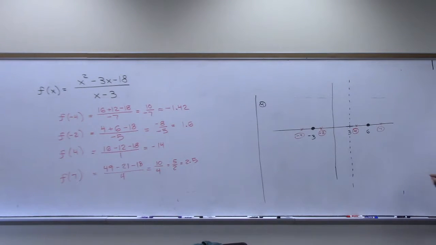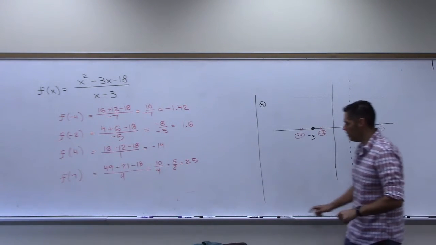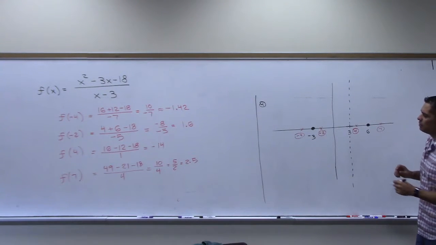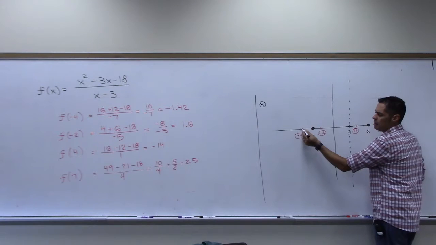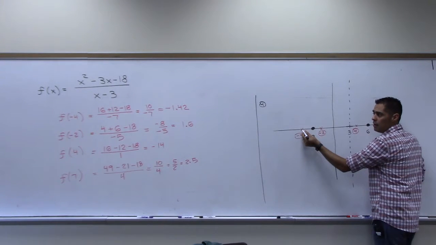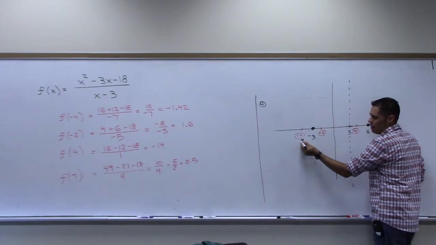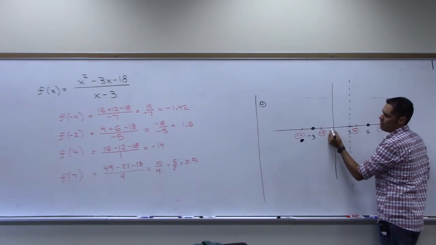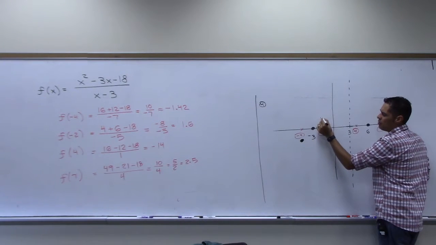I get to draw this now. I'm really excited about this. At -4, I'm going to place a dot down, right? 1.42, approximately. So I don't know, somewhere around here. At -2, I'm going to place a dot at 1.6, which will be somewhere around here.